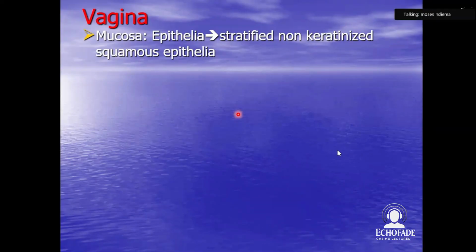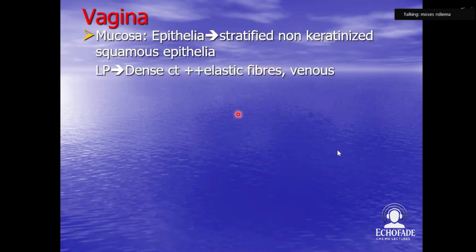And that sinovaginal bulb is within the definitive urogenital sinus. It's lined by a mucosa, which is stratified, non-keratinized squamous epithelia that contain glycogen in the cytoplasm.